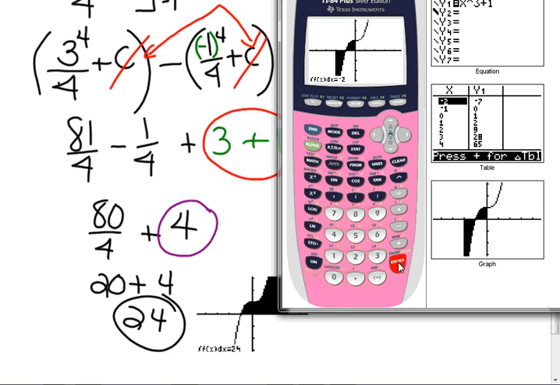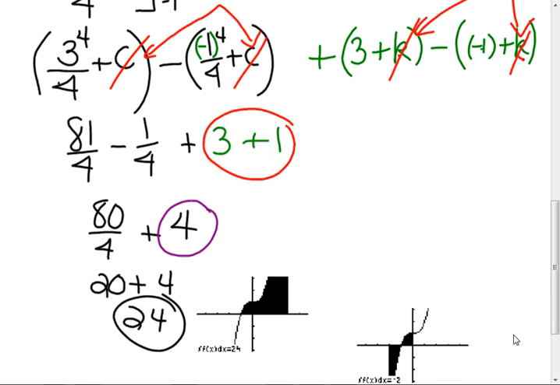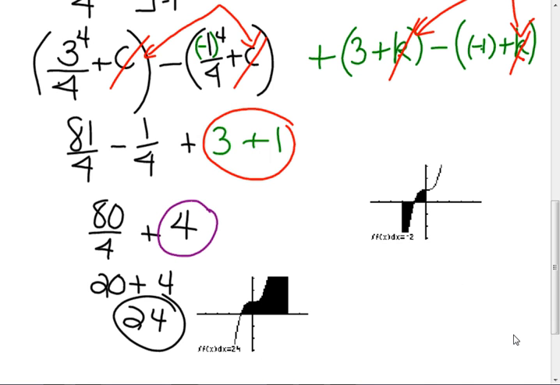This integral is negative because there's more underneath that curve, underneath the x-axis, than above. Do you remember how to do it with FNINT? Area is not negative, but the integral is negative. That's right. But the area is constant. That's correct.